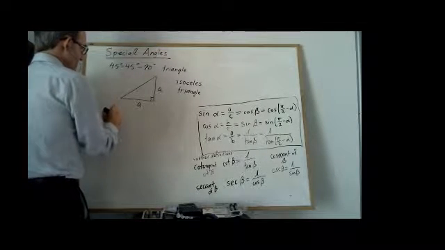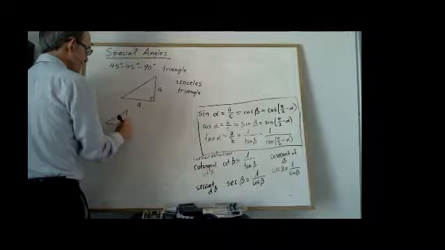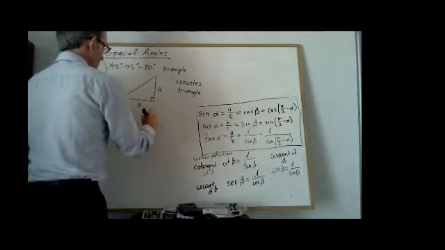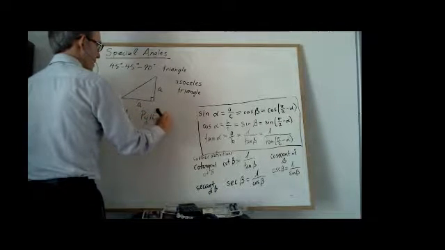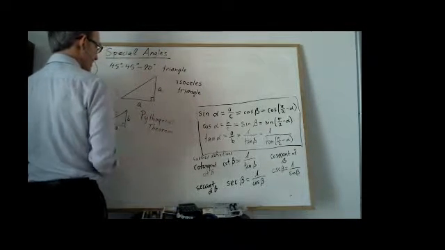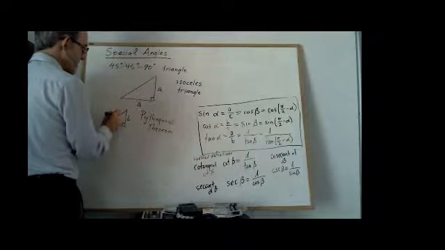Well, let's remember that the Pythagorean theorem holds for a right angle triangle. So we have here A, B, and C. Pythagoras' theorem says that the sum of the squares of the two small sides equals the square of the large side.